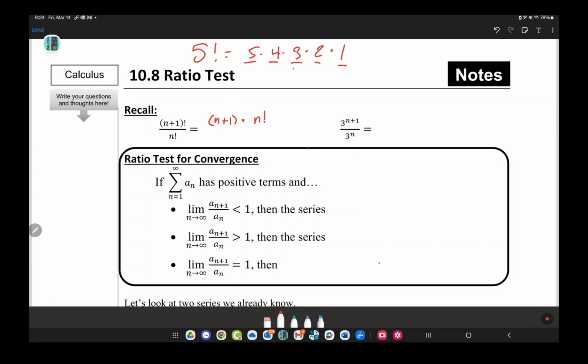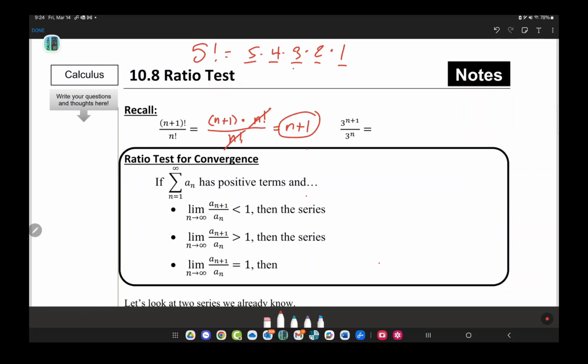So if you go down by 1, you'd have n plus 1 times n times n minus 1 times n minus 2, and so on. So it would just be n factorial after that point. So you know that if you have n plus 1 factorial, you can rewrite that as n plus 1 times n factorial. And that will be helpful.